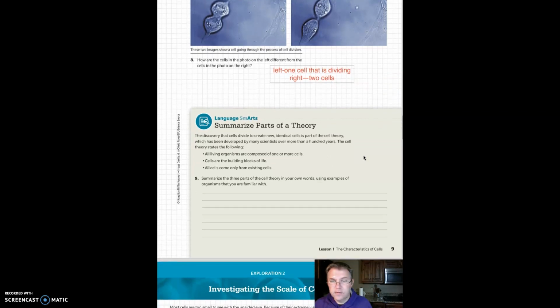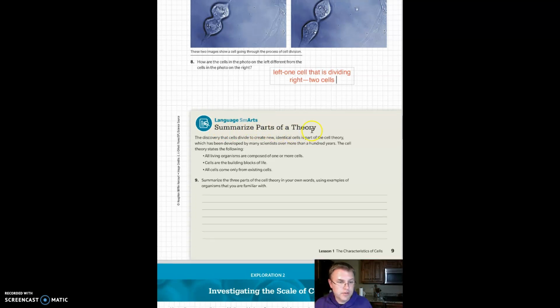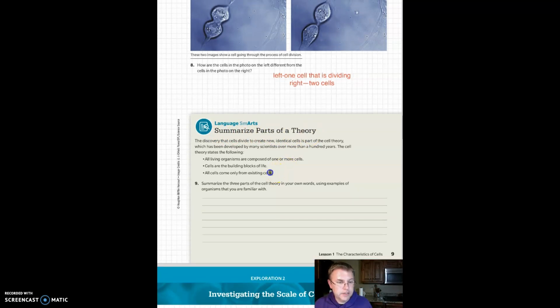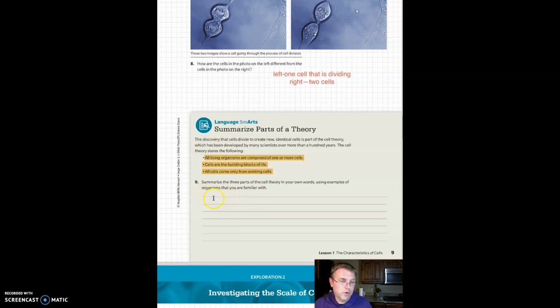All right, finally moving down here to the parts of a theory. It just says to summarize the parts of a theory, and really guys, it's just these statements that we have right here, the 3 parts of a cell theory, and I want you to rewrite those in your own words down here for number 9. But just looking at the 3 parts, make sure you know these.